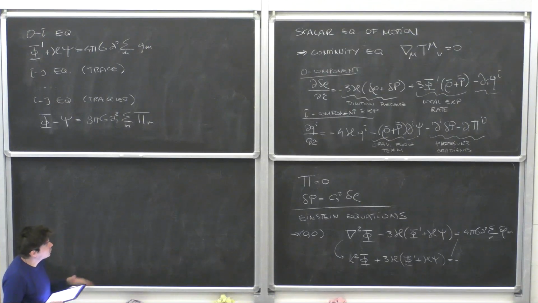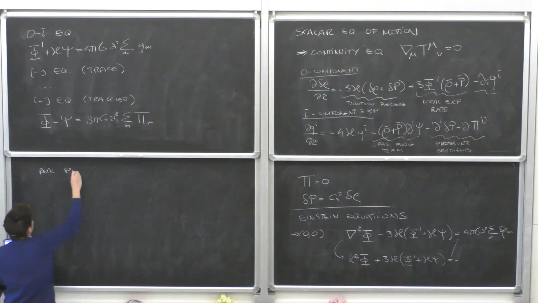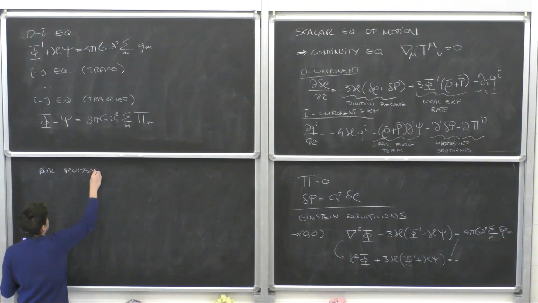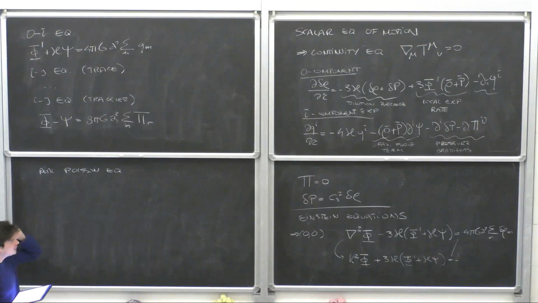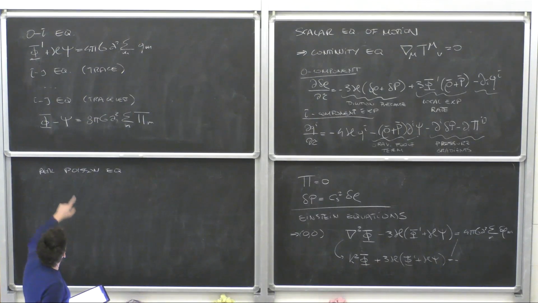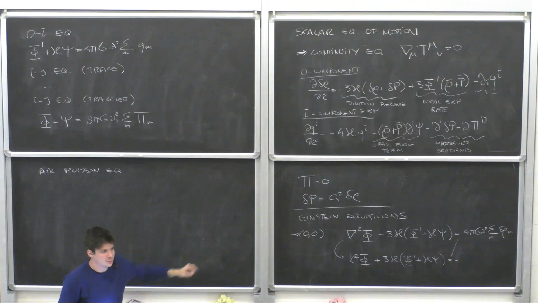Now I'm just going to do an example, which is the relativistic Poisson equation, which rests on the fact that that guy over there looks very similar to part of that equation.